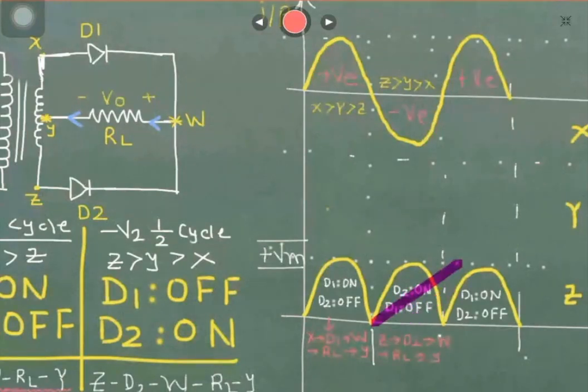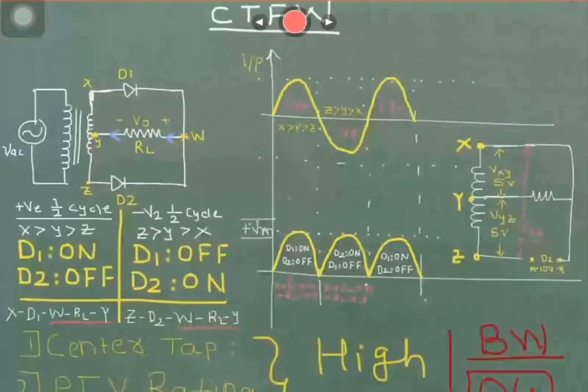So by using center tap transformer also, you are going to get positive half cycle in both the cases. So the first disadvantage of your half wave rectifier has been removed, that now you are going to get output waveforms for both the cycles, positive as well as negative.